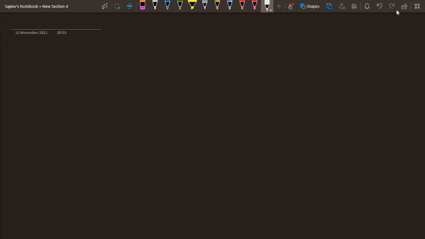So we have a formula for rotation. Let me just write it down. Y dash is equal to y cos theta minus x sin theta. Okay, this is the rotation formula.